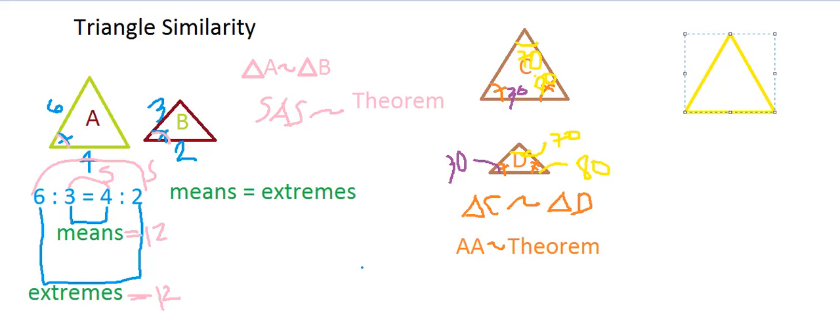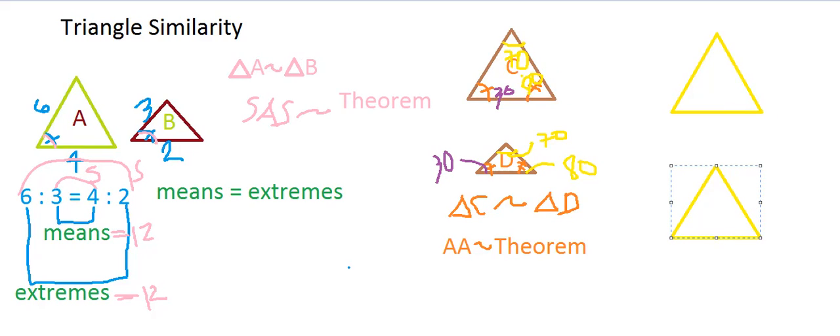This is triangle E, and this is triangle F. Say the sides of triangle E measure 3, 5, and 7. And for triangle F, this is 6, this is 10, and this is 14.